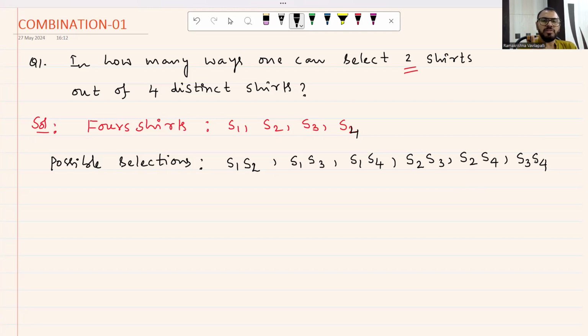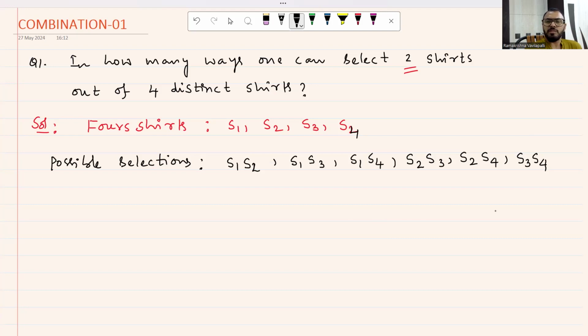Here we want to select 2 shirts out of 4 distinct shirts. We do not bother about the order of shirts. We should not think of in which order they appear. Just we want to select only 2 shirts out of 4 distinct shirts. There are 3 combinations with S1 and 3 combinations with S2 and 3 combinations with S3, of course.